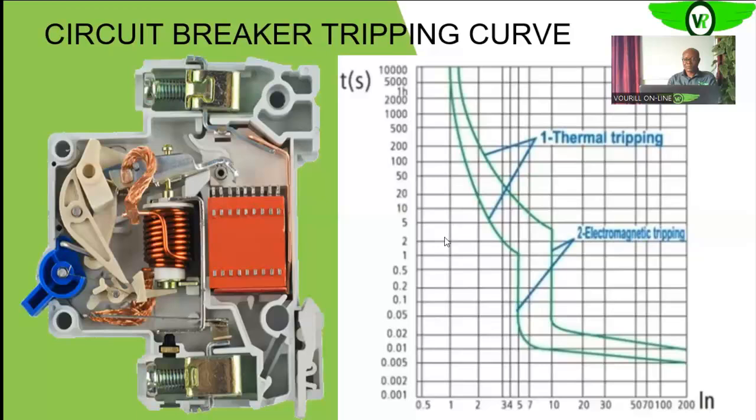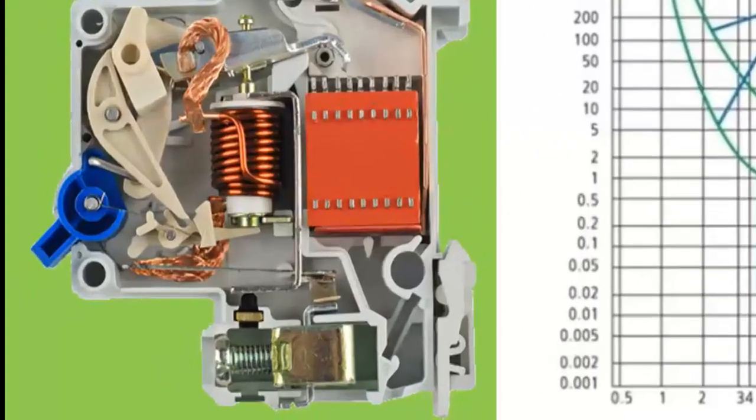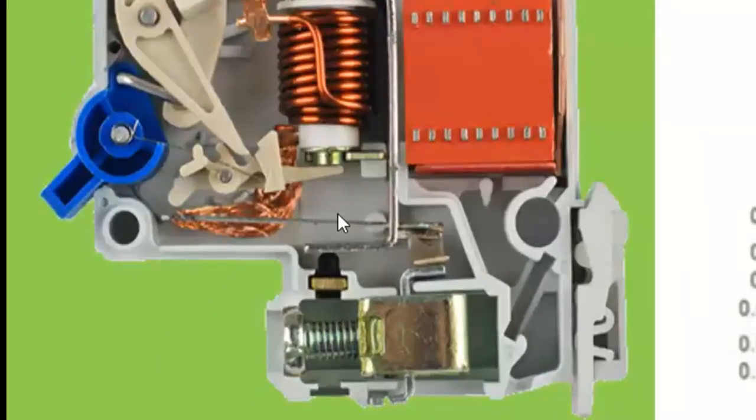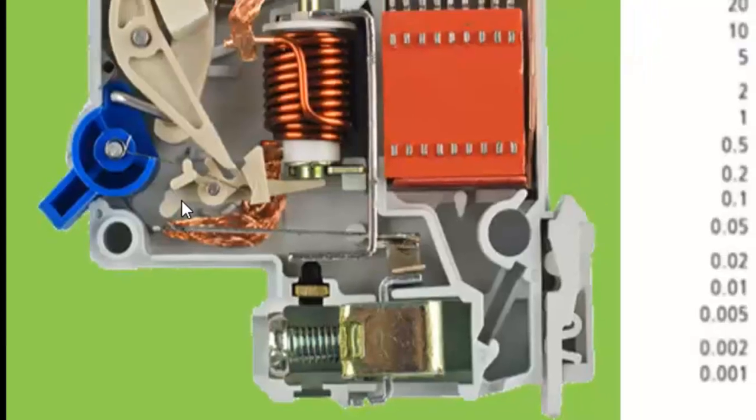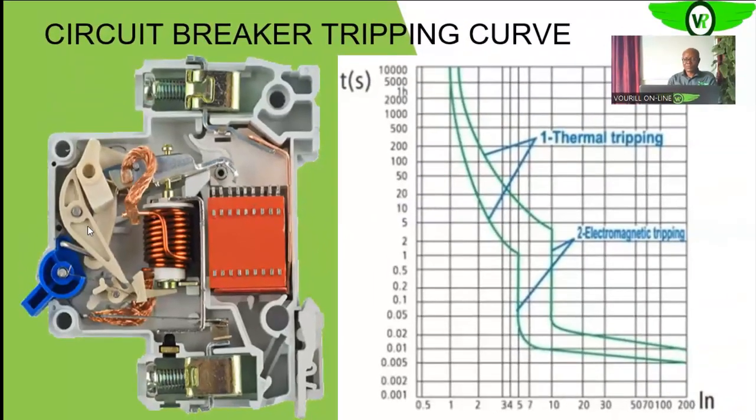So you see that this section of the curve has the inverse time characteristics. That is, the heavier the current, the shorter the time that is required to trip. So this is the long time delay simply because some time lapse is needed for the bimetallic strip to get heated up before it can cause the tripping of your breaker, as we explained in the last section of our training.